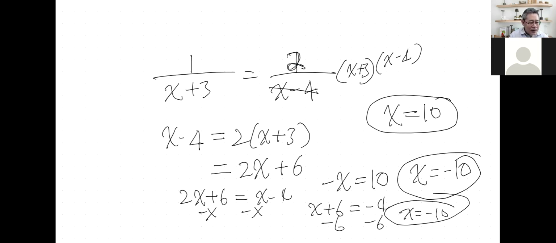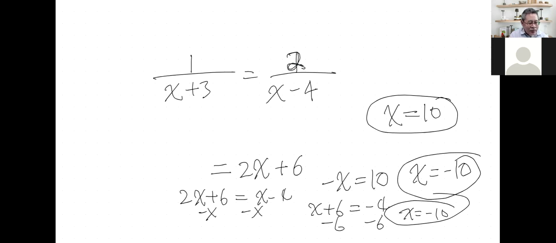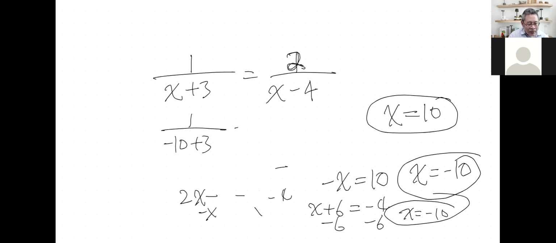Yep. Okay, so now we're going to check and see that equal. And the first one, of course, is 1 over negative 10 plus 3. We want to see if that equal.